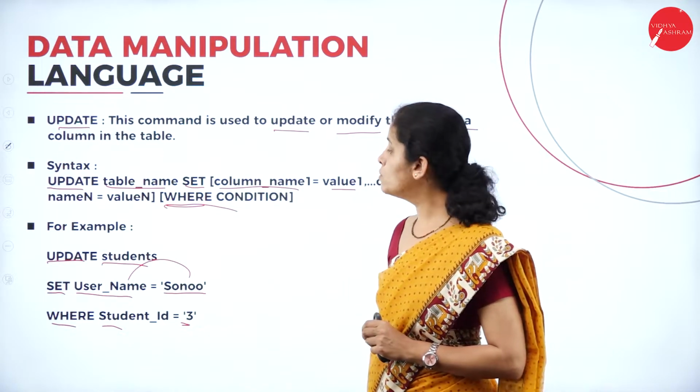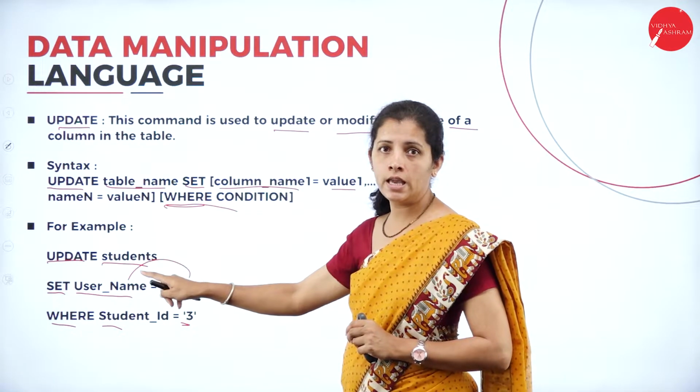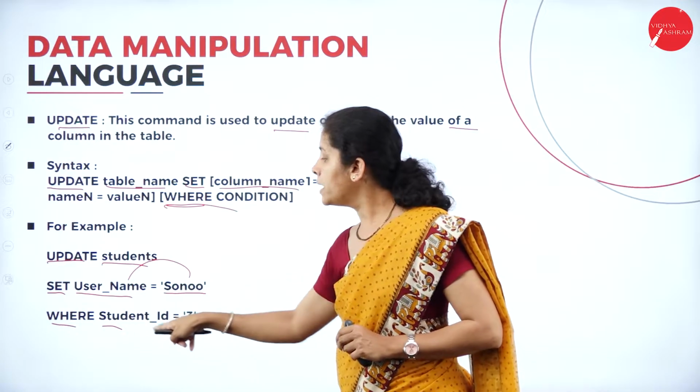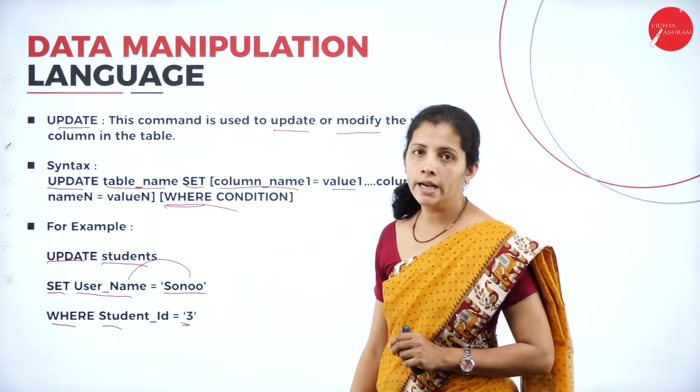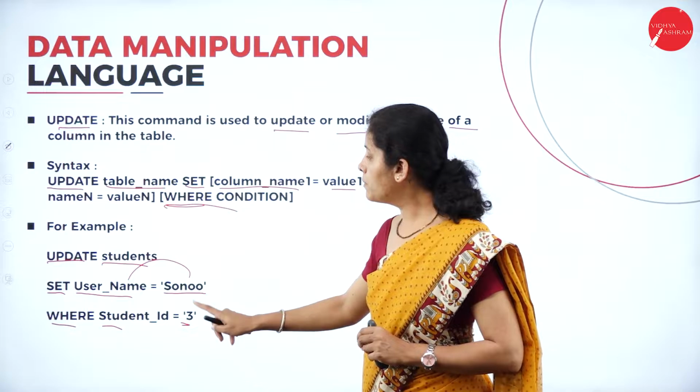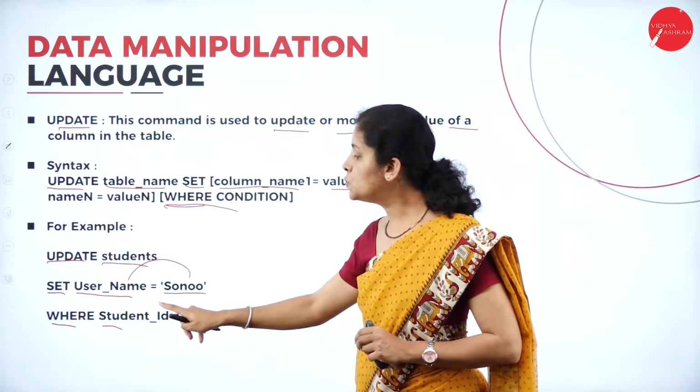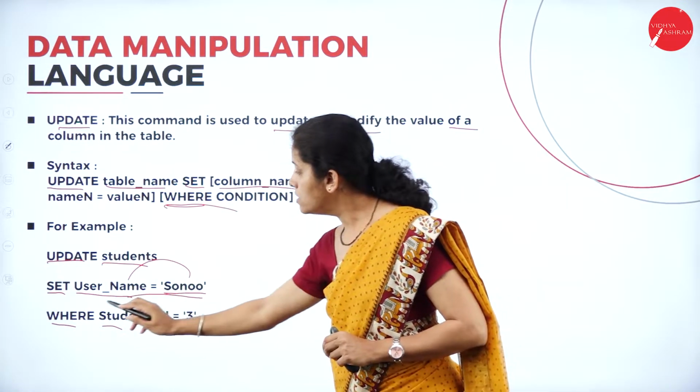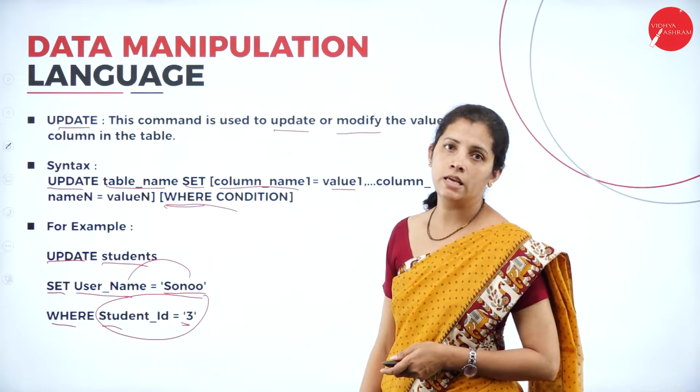That means I want to modify the username Sono, based on the student ID. Now I'm going to modify the student name of the student ID 3.